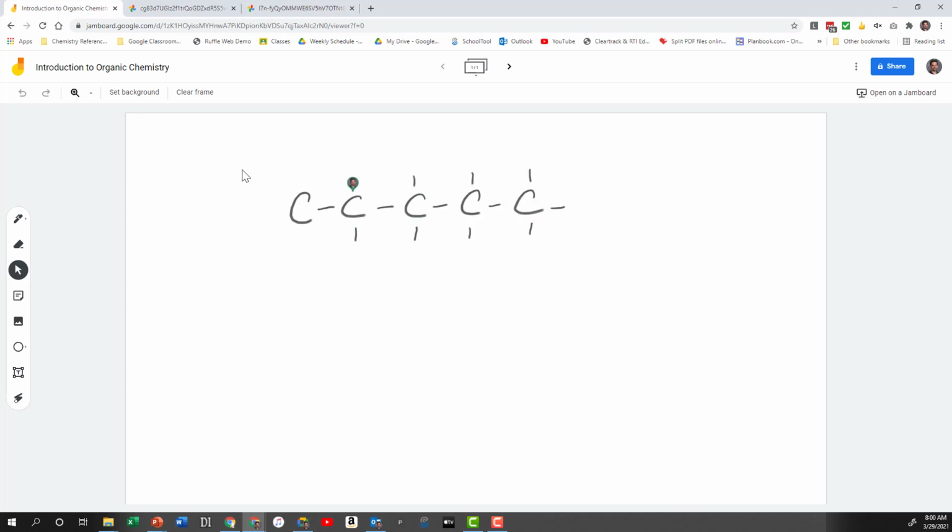I'm not going to put the C's on it right now or the H's on it because that just takes a lot of time to write all the H's. But just realize that there are H's at the end of each of these bonds, okay? And this is a common shorthand way to write it. So what is the name of this compound? Use your reference tables.